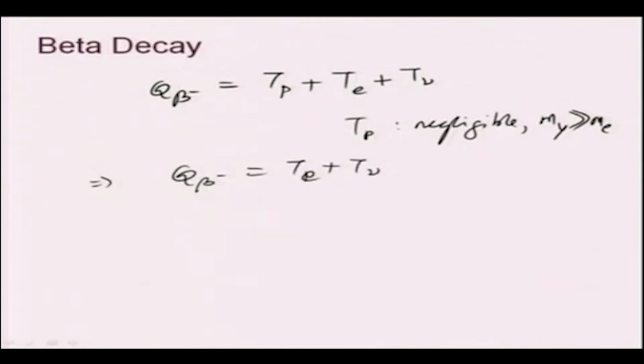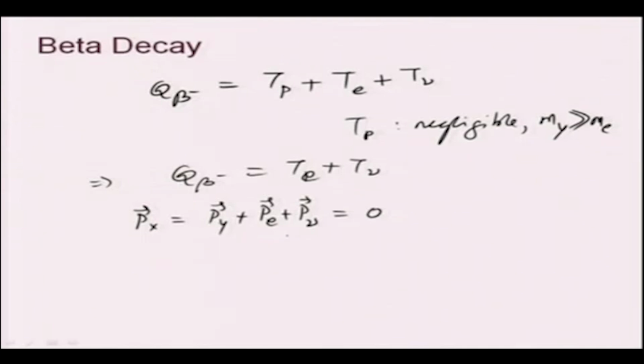And let us look at the momentum relation. P_x is equal to P_y plus P_e plus P_nu, and in the rest frame of x, P_x is equal to 0. It is possible that there are 3 momenta and any one of them can be 0.